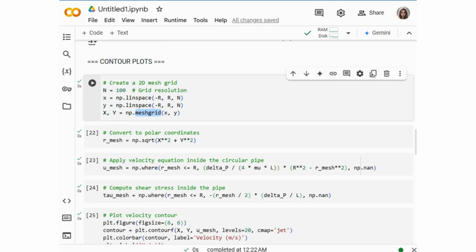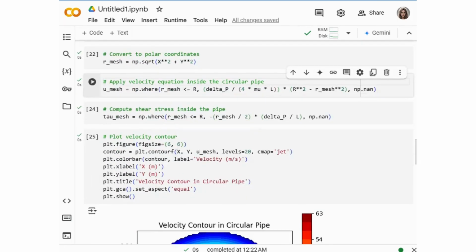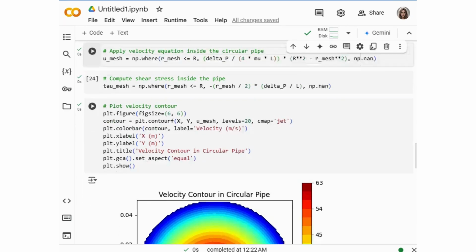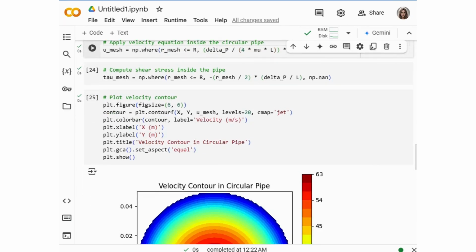That is why we are creating these equations using the same velocity and shear stress equations. We compute the values for each point in the 2D grid. Values outside the pipe are set to NaN, which is the null value, to keep this circular cross section. Okay, and now let's plot it.